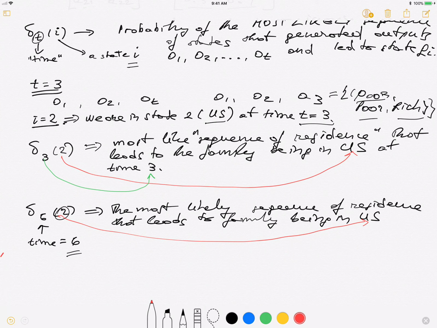So the state is 2, indicating United States, and time is 6.